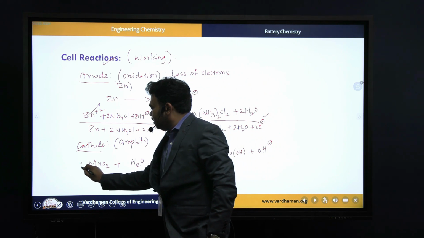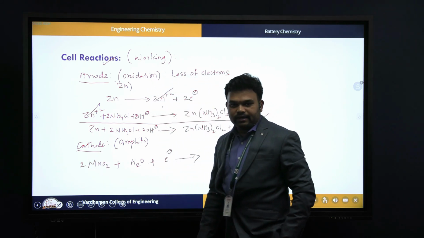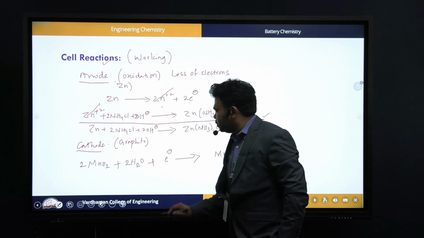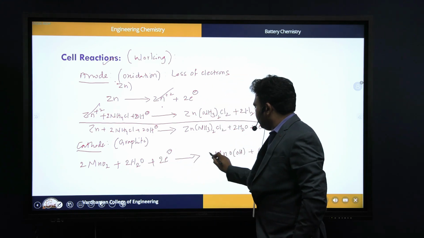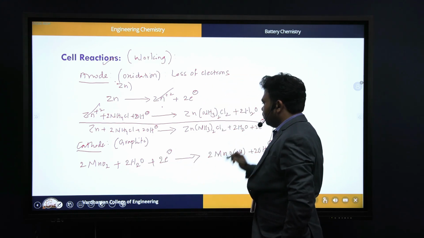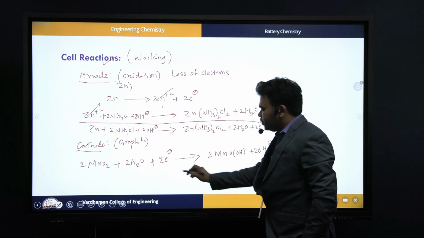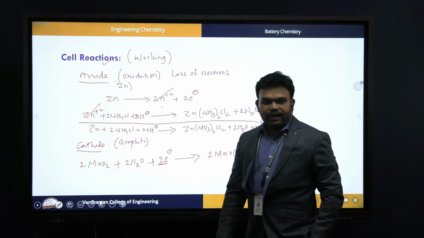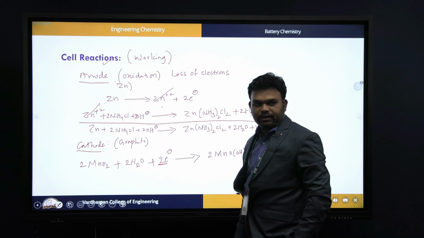Balancing the equation: 2 moles of MnO2 combine with 2 moles of H2O and 2 electrons to give 2 MnOOH and 2 OH-. Electrons are on the left side, which shows this is the reduction reaction.